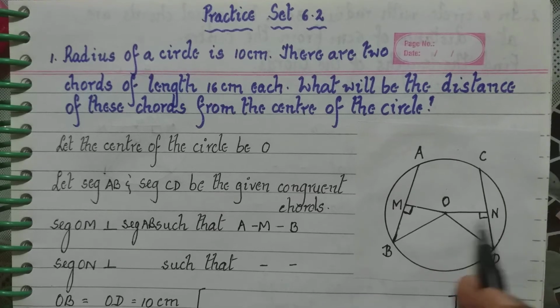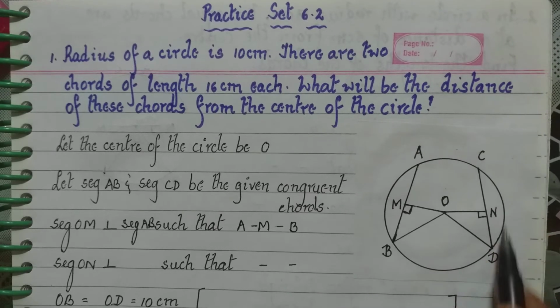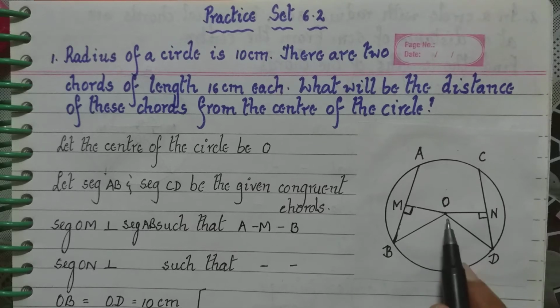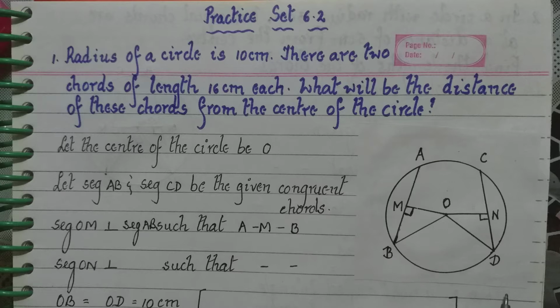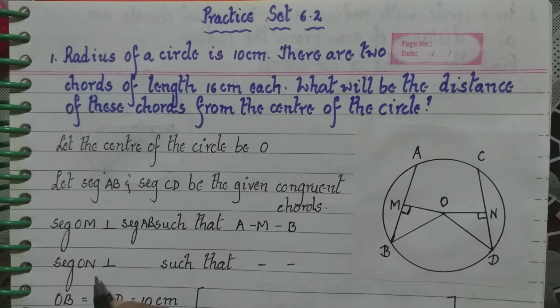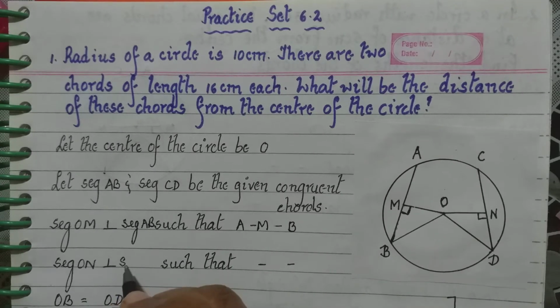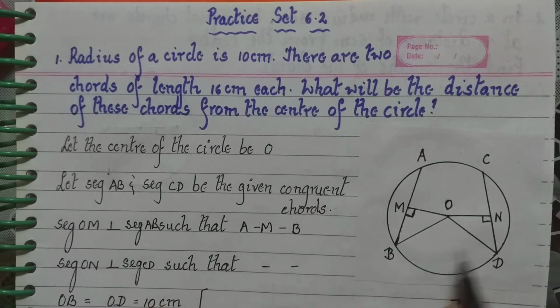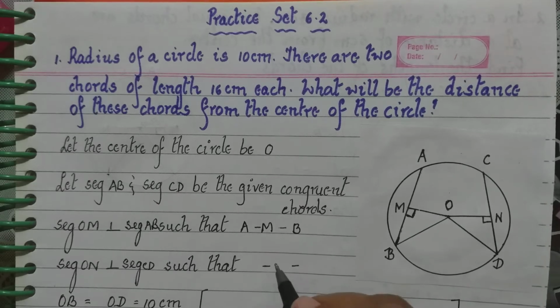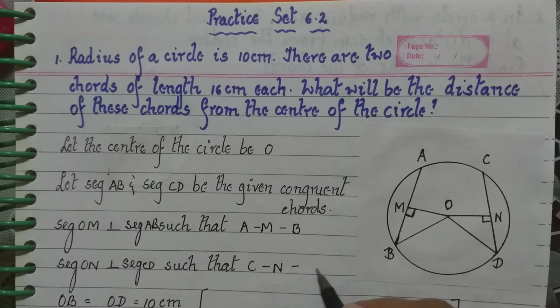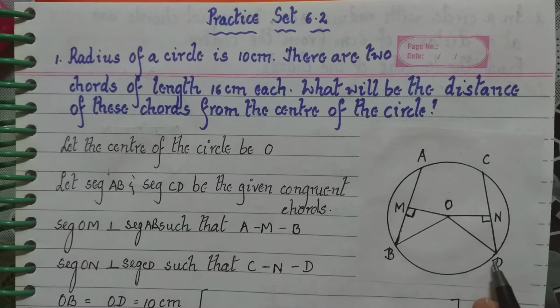Similarly, when we look at the other chord CD, we see that segment ON is the perpendicular to chord CD. So we write segment ON perpendicular to segment CD such that N lies between C and D.